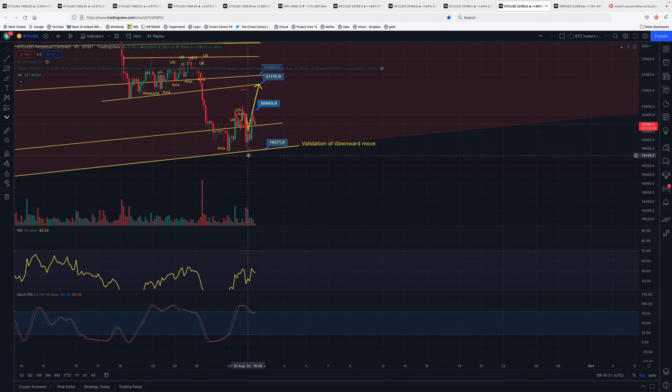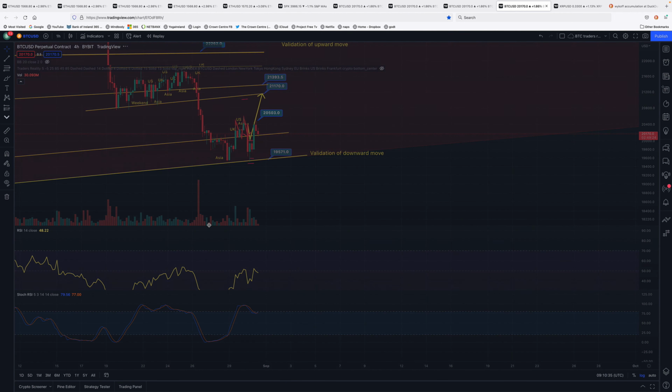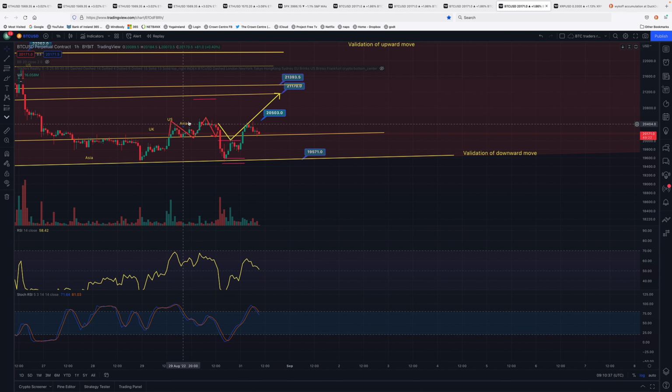Now, the way I'm looking at this pattern is it being a W. So this was an M here.